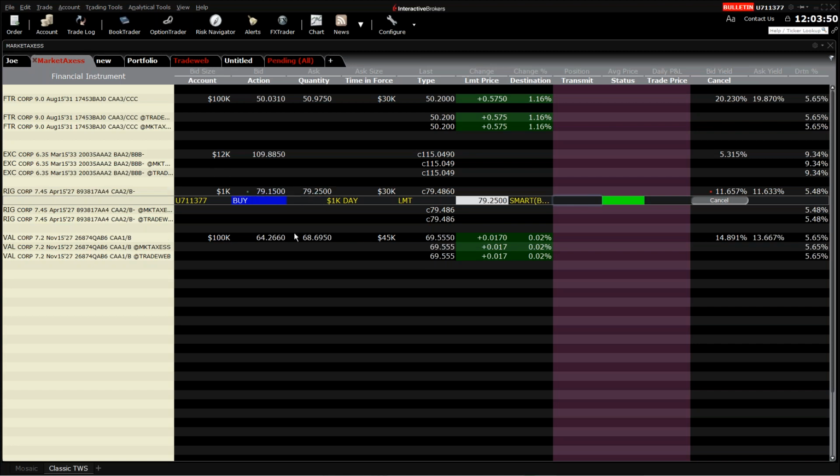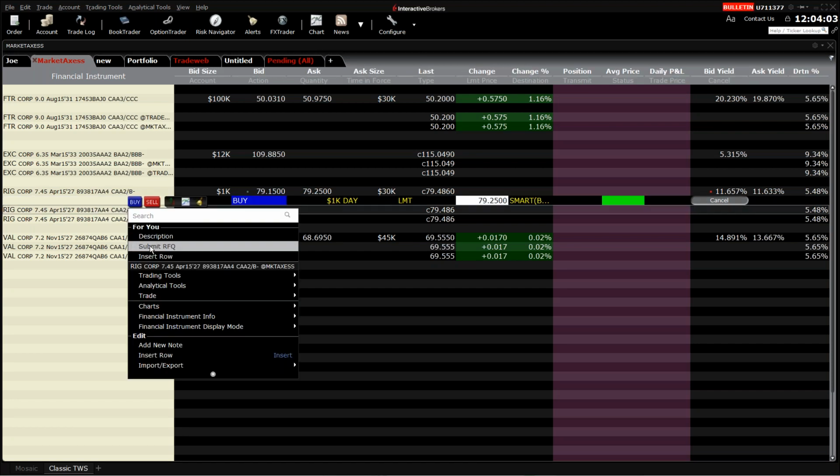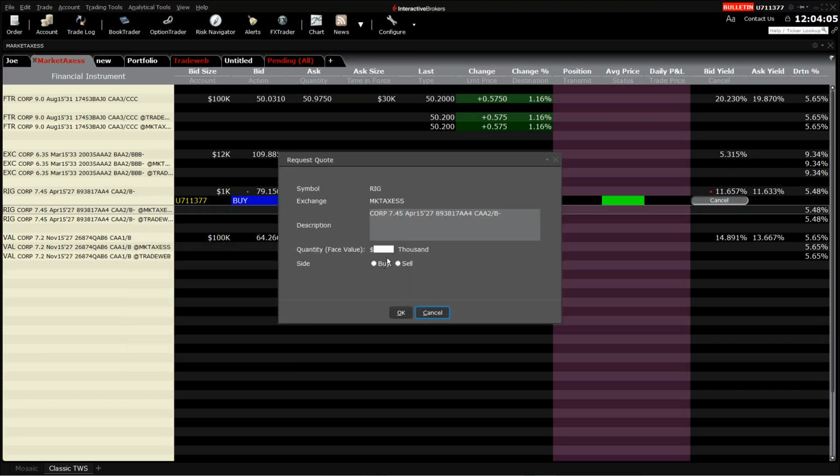So there's a market. What happens with these other platforms is you submit an RFQ, so it's a request for quote. The way you do that is you right-click and then submit RFQ. A dialog box comes up, and you indicate the size you're looking to trade and buy or sell. So we'll say 100,000.